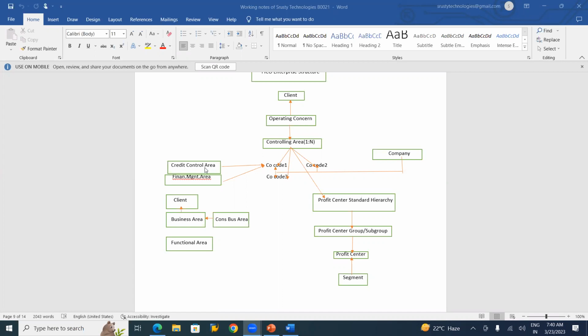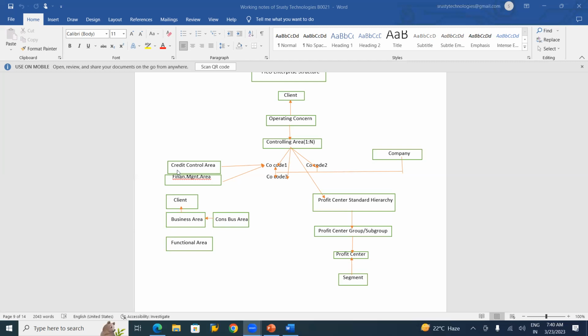Is this clear? In the credit control area, we are going to define only the credit control area in FI, but the credit limit will be given by the SD consultant. Only the credit control area we will create, and the remaining steps will be taken care of by the SD consultant.